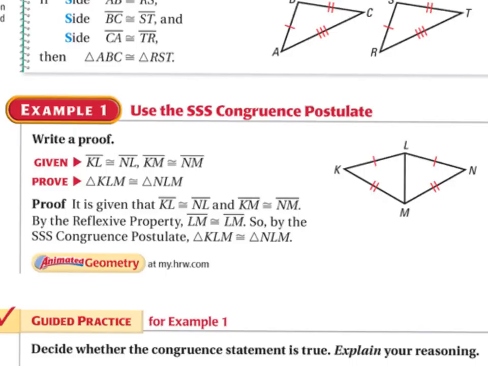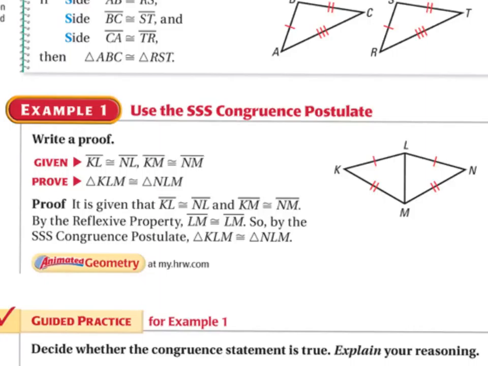Okay, so you could see an example like example 1, a simple version of a proof, something we still might see here. We are given KL is congruent to NL, and you can see our one line there to represent the congruence. We also are given KM is congruent to NM, and that's our two lines.